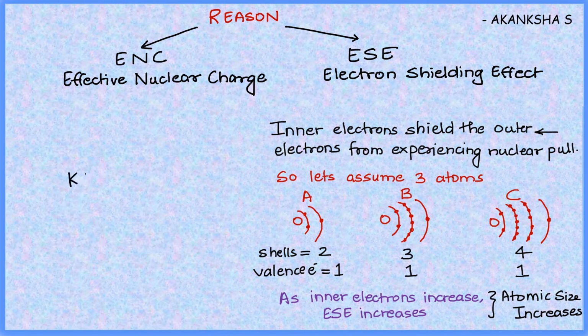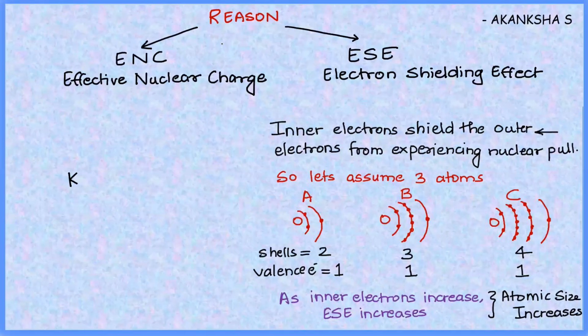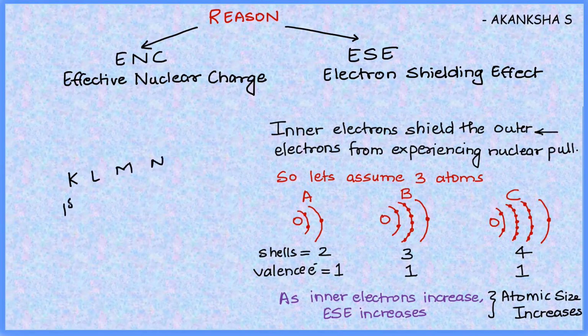K, L, M, N, meaning the first orbit, second orbit, third orbit, fourth orbit. The first orbit can hold only 2 electrons. By default, when we are talking about practical nature, the second can hold 8 and the third can hold 8.